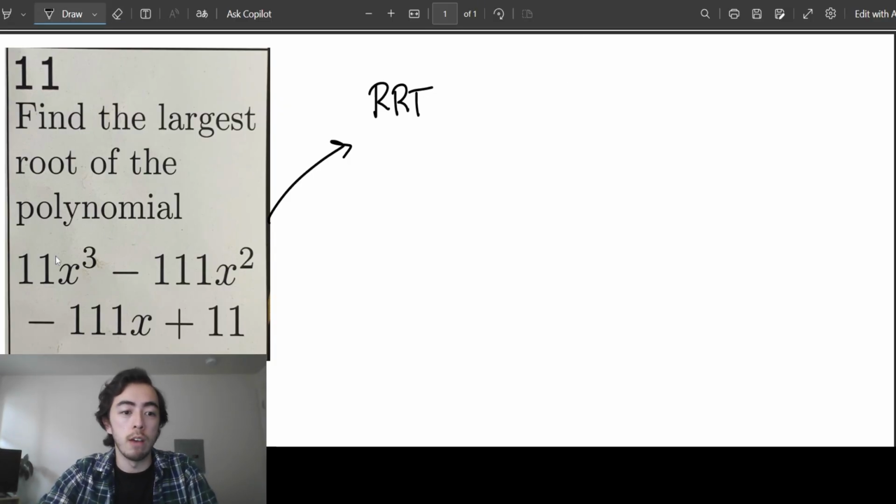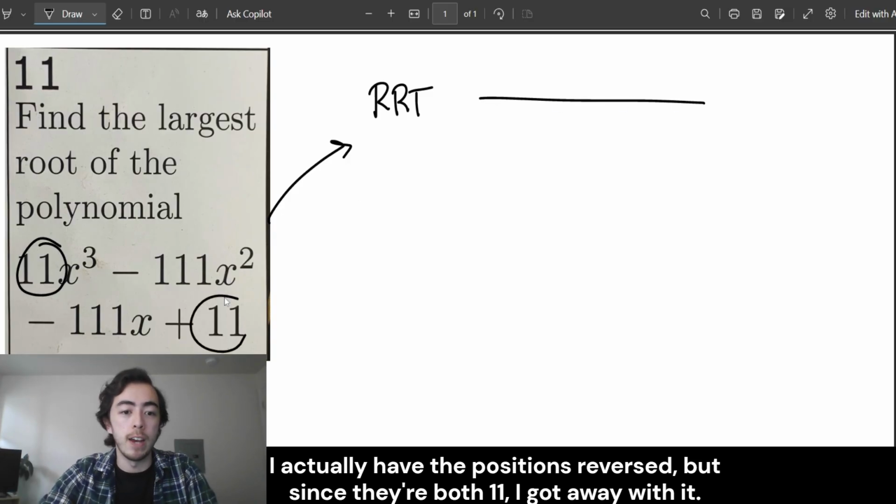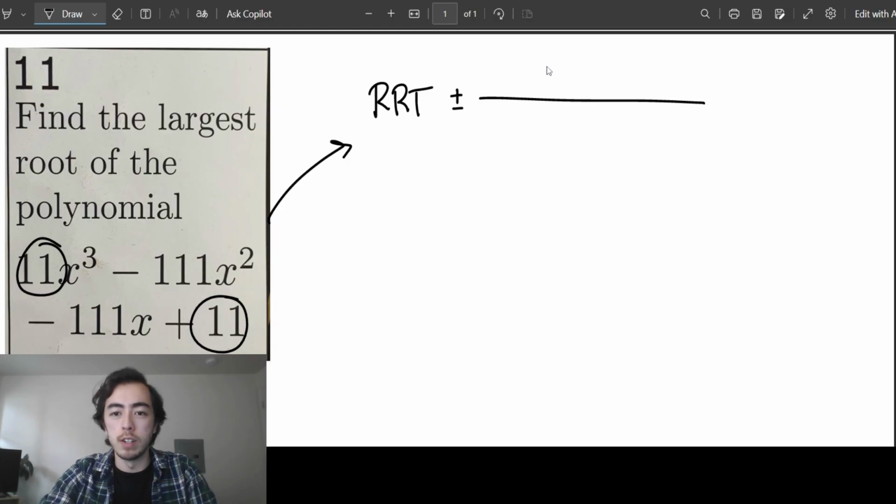Essentially, we're going to have factors of this number on top and factors of that number on bottom of our rational root. And these could be either positive or negative. So factors of 11 are just 1 and 11, and then factors of 11 are just 1 and 11.